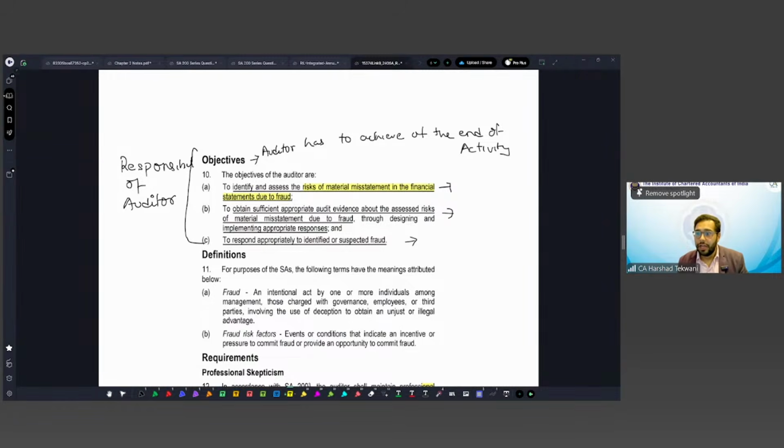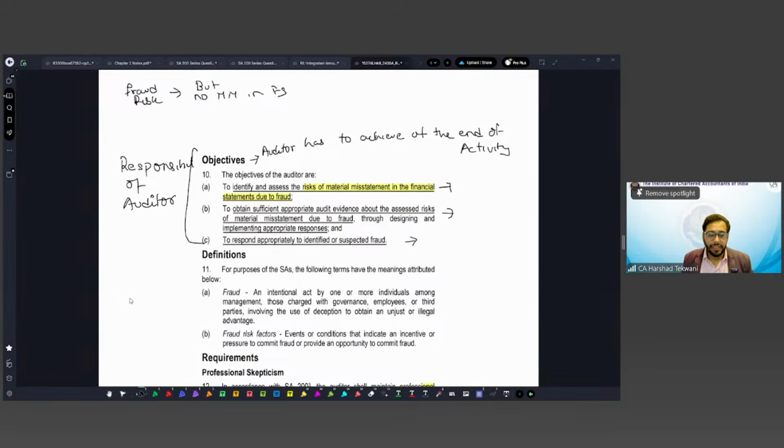Because as an auditor, we are concerned with the material misstatement. Let's say there is a fraud, there is a risk of fraud, but there is no material misstatement. Will you still be bothered by that? Like I say that there is a fraud risk, but no material misstatement in FS.